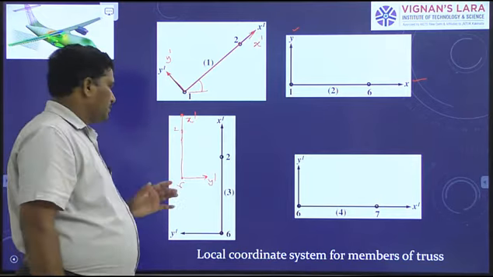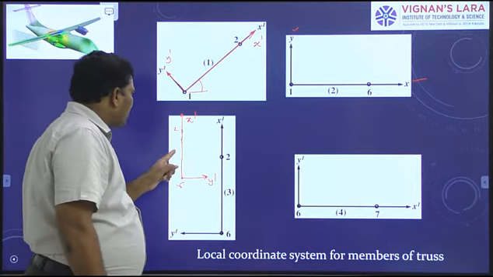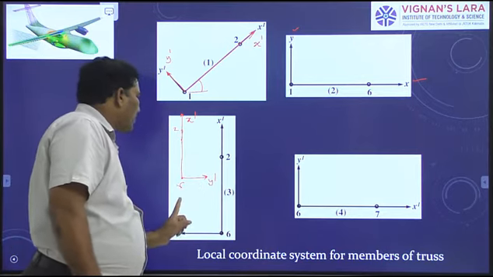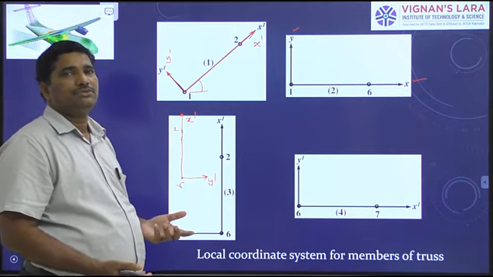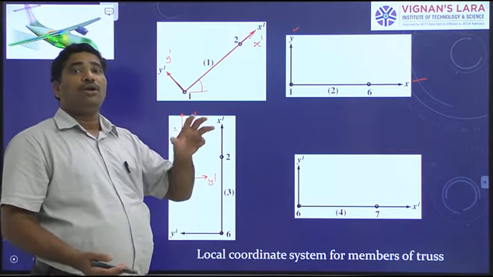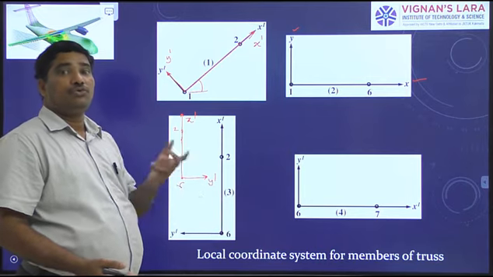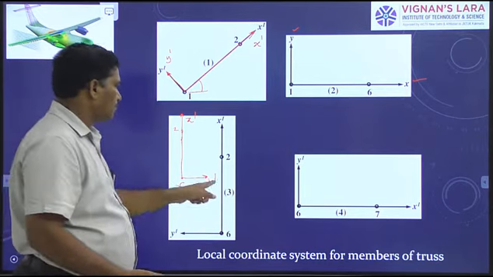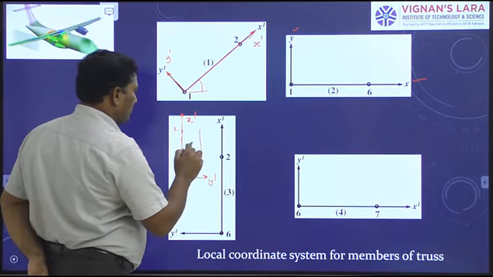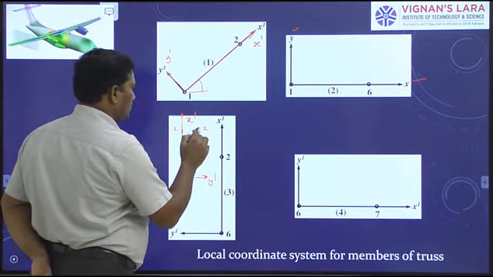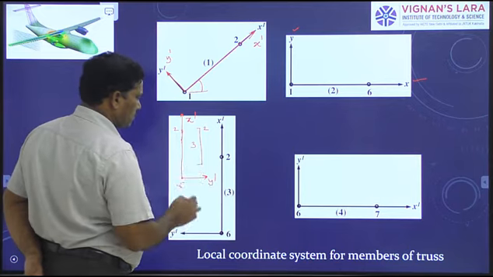Or you may say, I take X dash axis rightward and Y dash axis upward. Yes, you can have your own reference frame, your own local reference frame for this element. Again, I take like this. This is element 3. This is node 2. This is node 6.